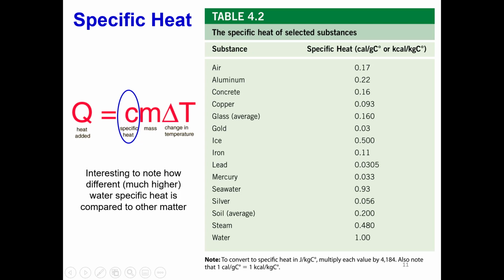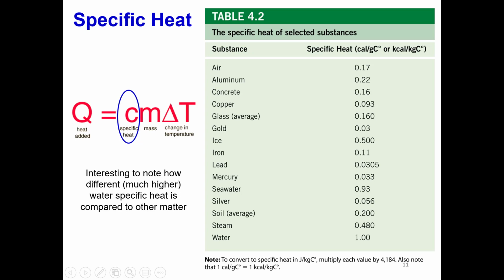Aluminum is also a metal, but we need 0.22. Compared with silver, we need about 4 times the amount of heat to increase the temperature by 1 degree Celsius per 1 gram. We can also see the specific heat for water is 1.